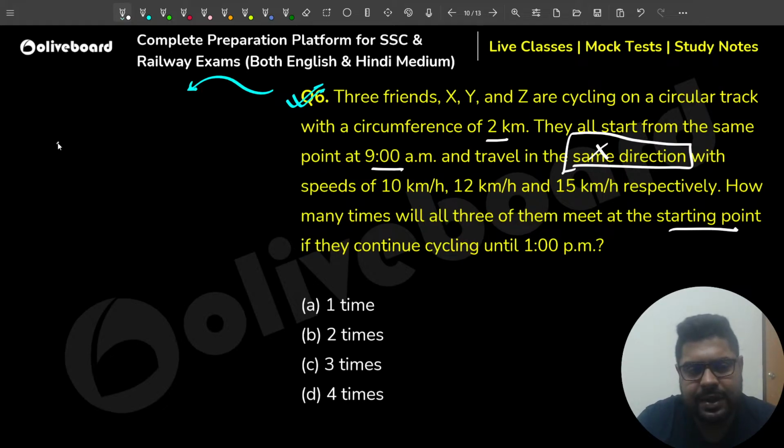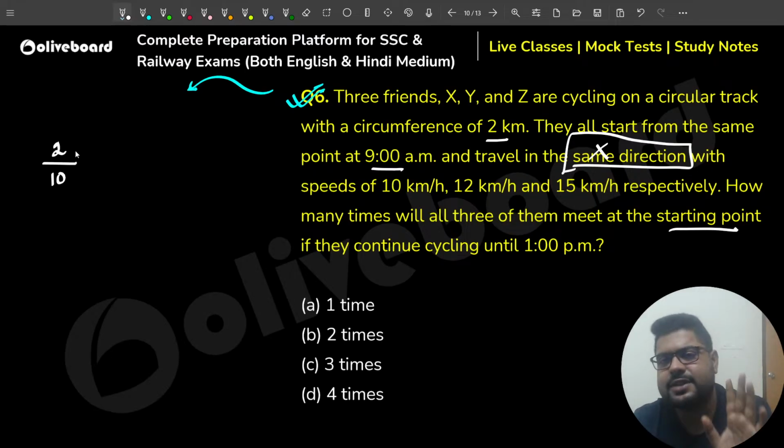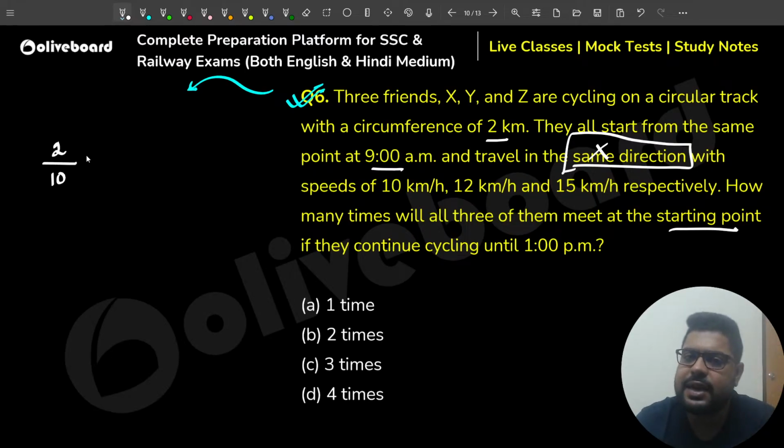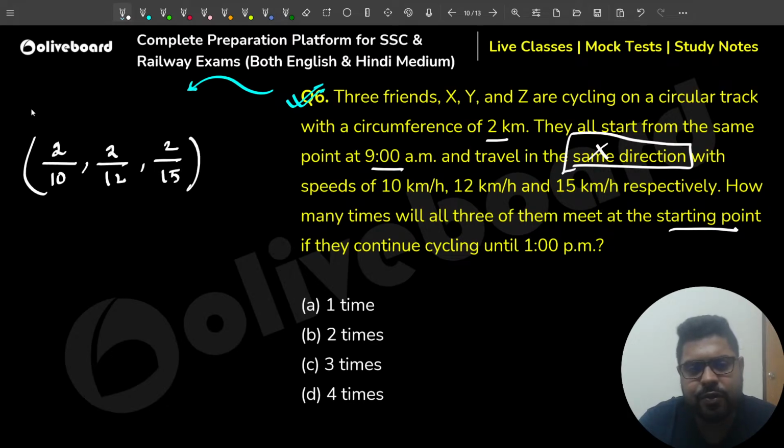The track is 2 kilometers, so the first friend, X, will take 2 by 10 to reach the starting point again. For the second friend it will be 2 by 12, and for the third friend 2 by 15. When all three come together, we take the LCM.